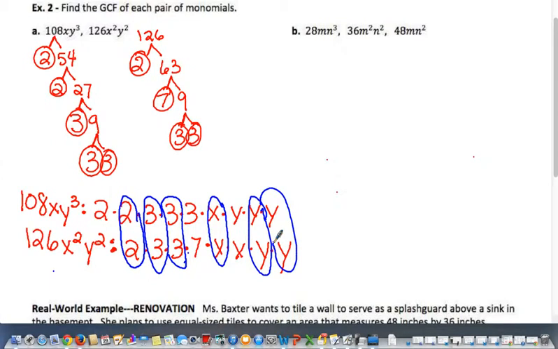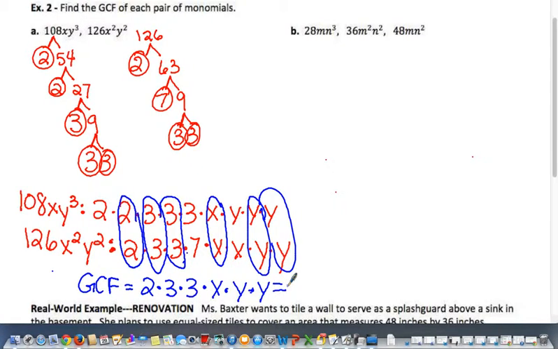So then the GCF is going to be the multiplication of all these things together. So the GCF equals 2 times 3 times 3 times x times y, which is 2 times 3 is 6, times 3 is 18, so 18xy squared.